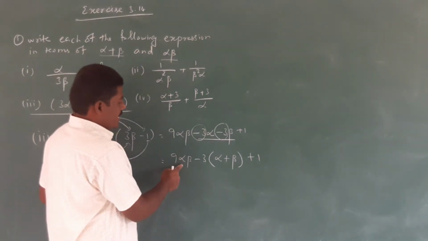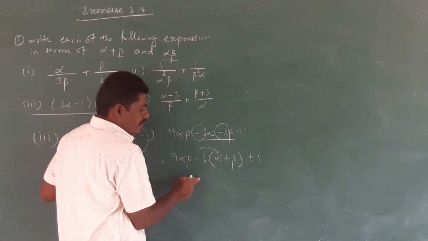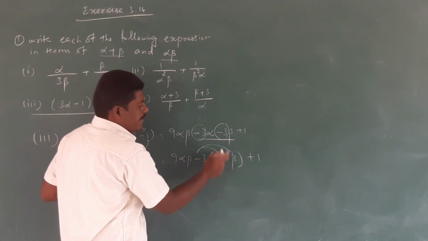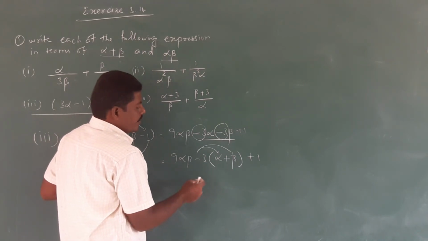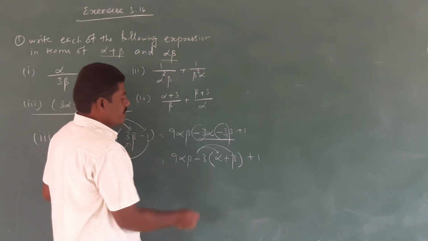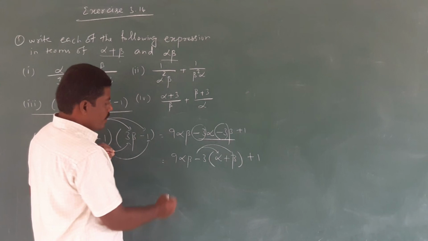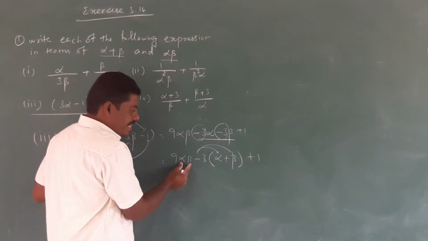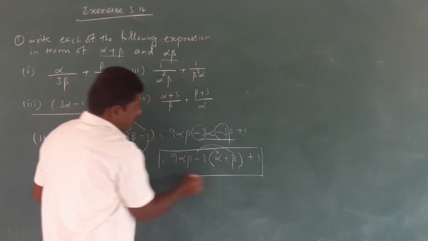Understand? 9 alpha beta minus 3 alpha minus 3 beta plus 1. Here the minus sign will not come, only plus comes, because we took minus 3 outside. Now it is in the form of alpha beta and alpha plus beta, so our answer is over.